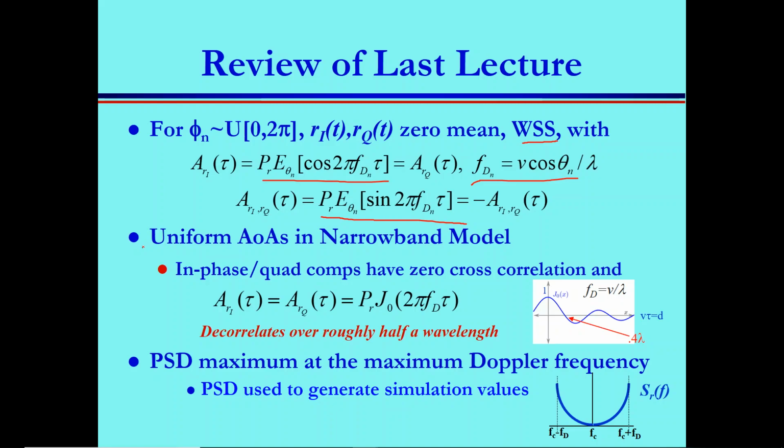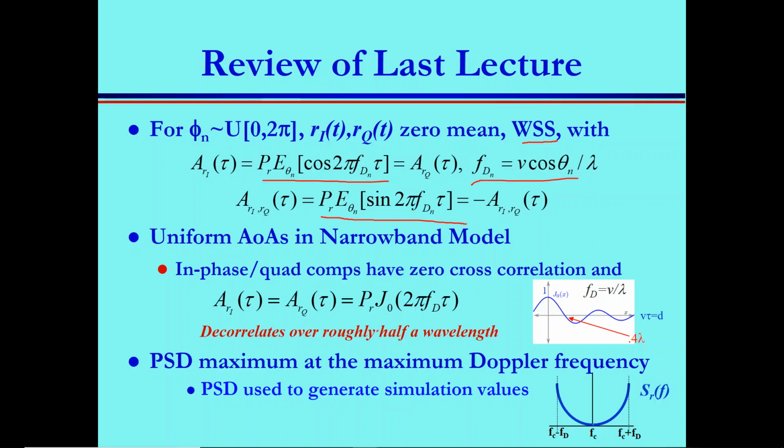So you have uniform angle of arrival in the narrowband model. The in-phase and quadrature components have 0 cross-correlation at a distance equal to half lambda, or exactly 0.4 lambda. This shows the autocorrelation function of the in-phase and the quadrature component of your received signal, which is random, and we characterize it by its autocorrelation to know at which distance from my position the signal will change dramatically or will have an independent value.